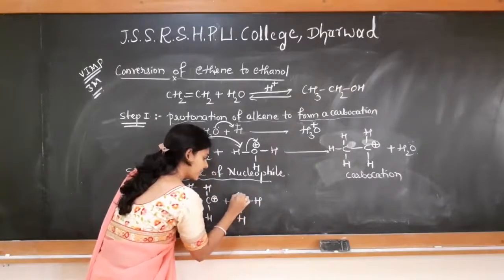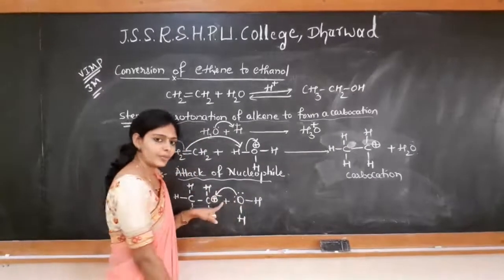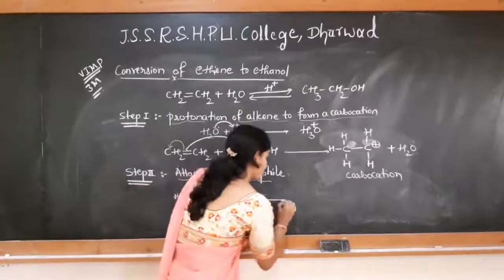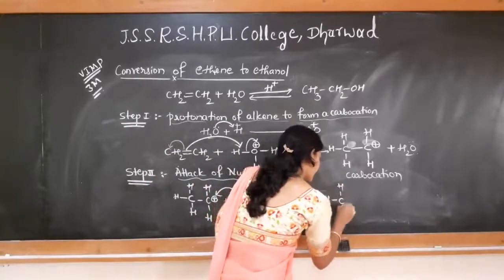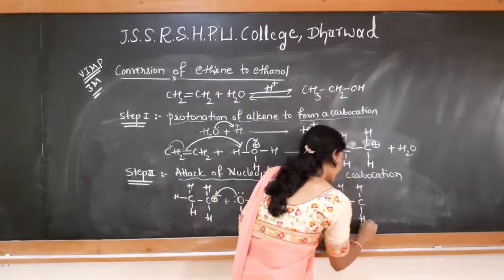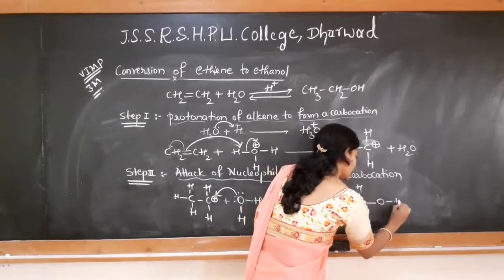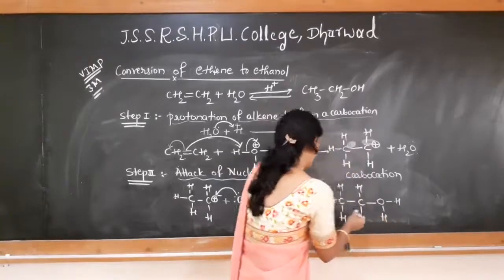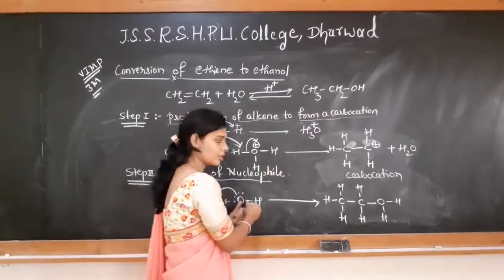As oxygen carries a lone pair of electrons, it goes and attacks the carbon carrying positive charge. So there is a formation of CH3CH2, now oxygen is linked with the carbon. So oxygen is having 2 hydrogens. Now the positive charge which was there on the carbon is shifted onto the oxygen.